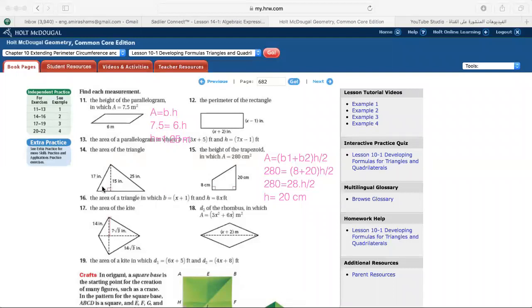I have a way that I can get this side, which is the Pythagorean theorem. The hypotenuse squared is equal to the sum of the other two sides squared. 17 squared is equal to 15 squared plus this side squared.